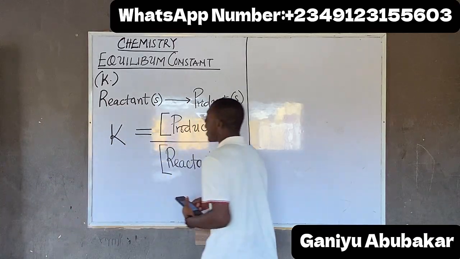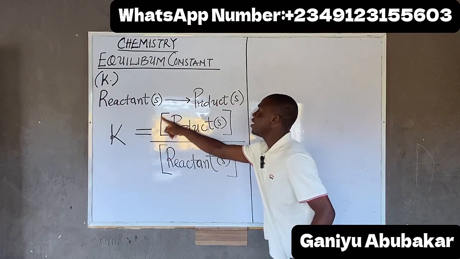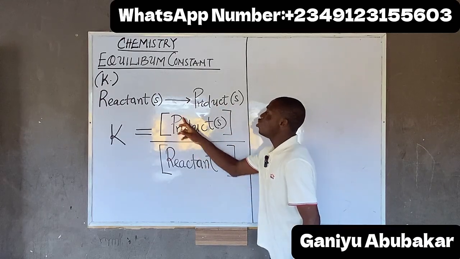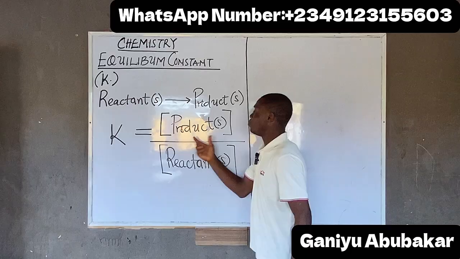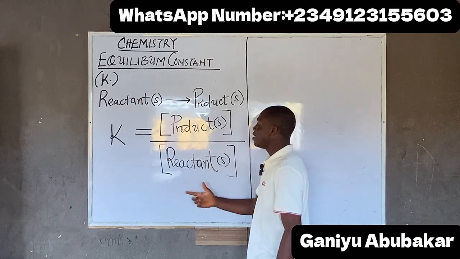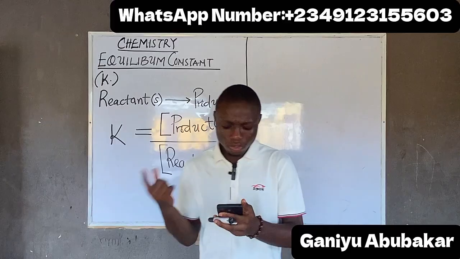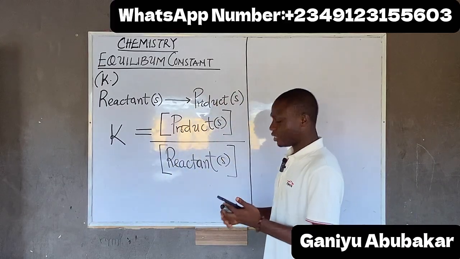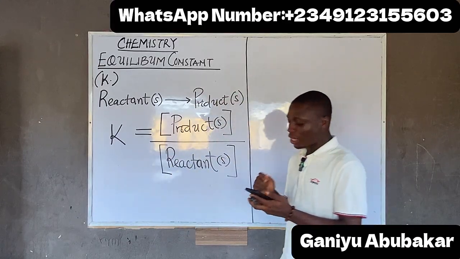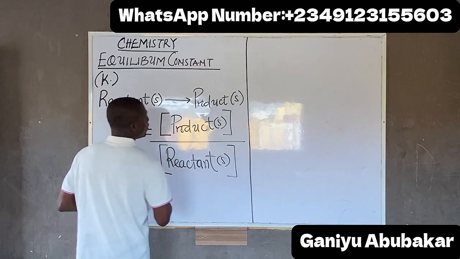And by the way, I call this bracket the concentration. So the concentration of product over the concentration of reactants. That's how you work with this concept. Here's the thing, please.